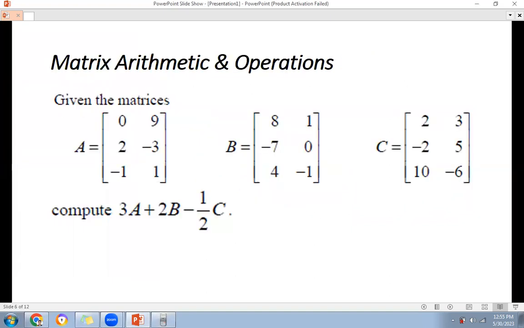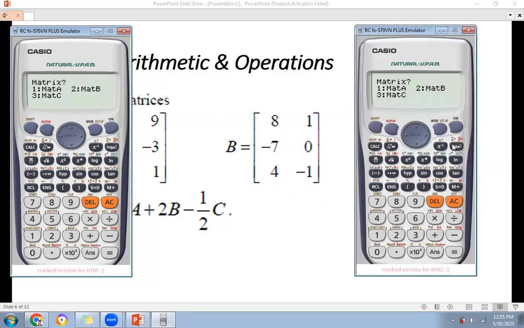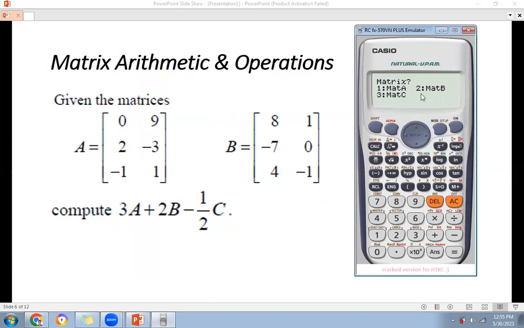Okay, next up, let's try using the matrix operation. For the matrix operation, press AC, mode, and we go to matrix, number 6. Then we define each matrix. This calculator can handle at most 3 matrices.